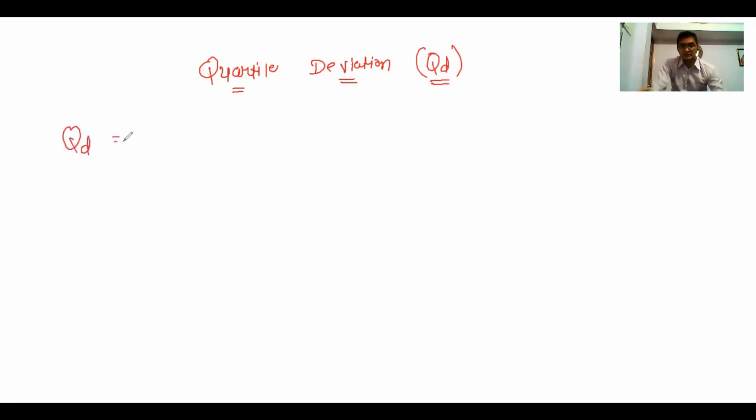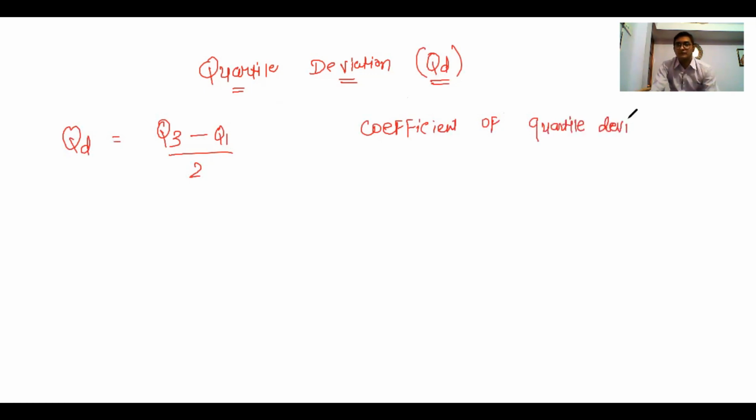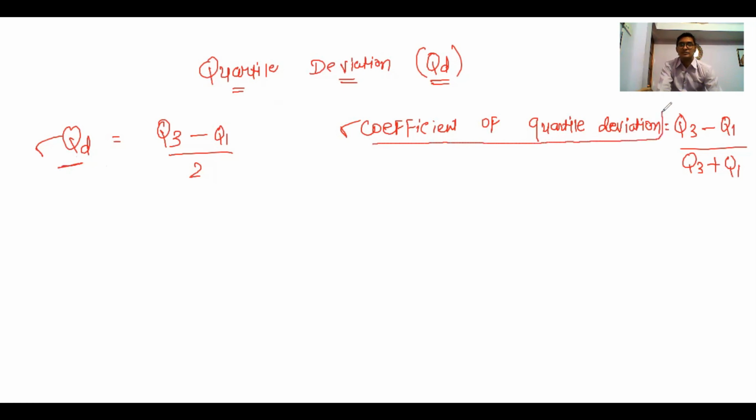Formula for QD is Q3 minus Q1 divided by 2, and coefficient of quartile deviation is Q3 minus Q1 divided by Q3 plus Q1. That's it. So again there are two formulas for quartile deviation and coefficient of quartile deviation.